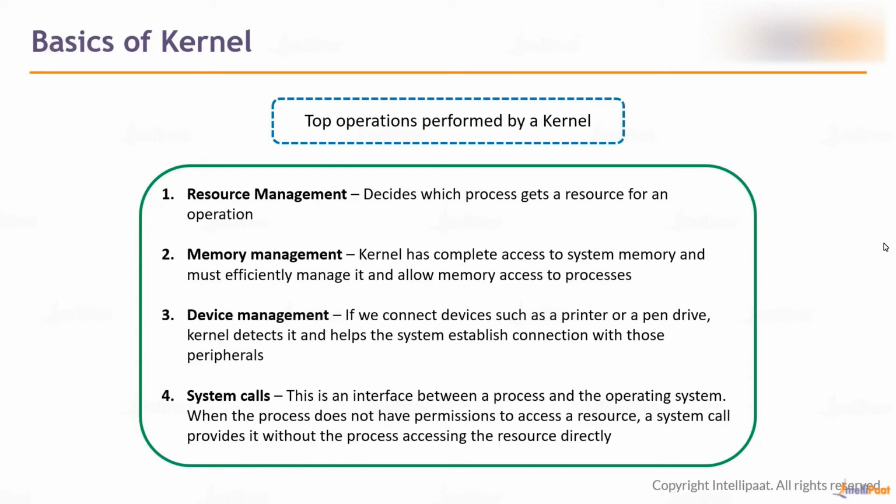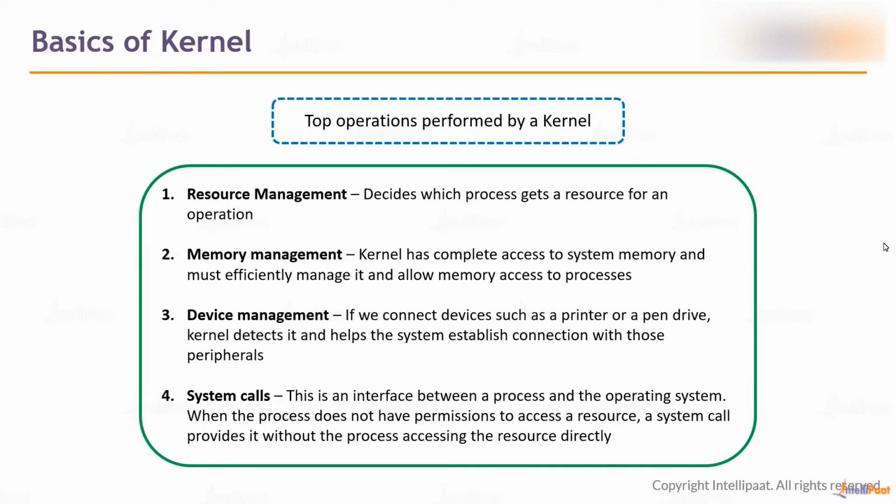The second one is memory management. Memory management is very important for any server, for any computer. Even in your Windows system, you have 1 TB of space, and even then memory management is very important, because memory management is taken care of by your operating system, Windows, and it takes care of it well. Like that, the kernel takes care of memory management as well.